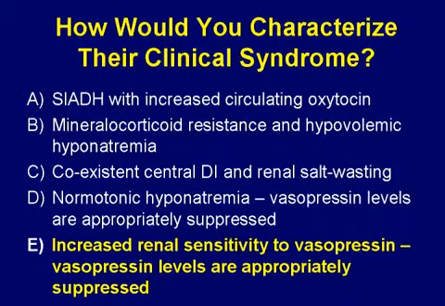So how would you characterize their clinical syndrome? SIADH with increased circulating oxytocin, mineralocorticoid resistance and hypovolemic hyponatremia, coexistent central DI and renal salt wasting, which seems superficially reasonable given the low vasopressin, normotonic hyponatremia, increased renal sensitivity to vasopressin, vasopressin levels are appropriately suppressed.